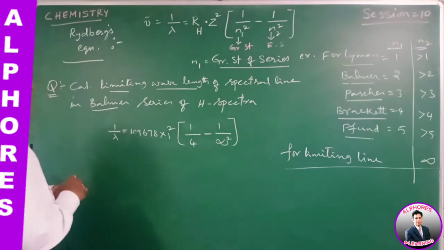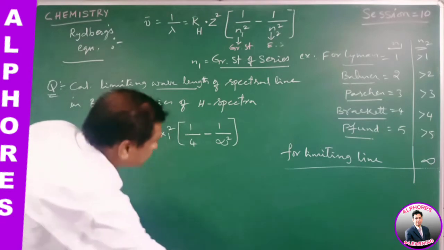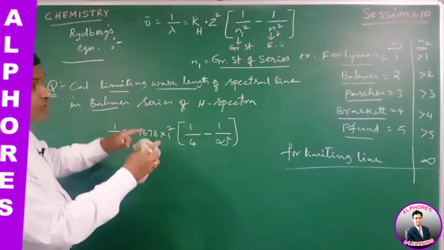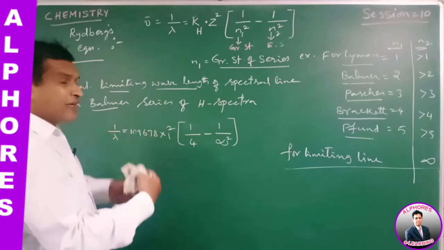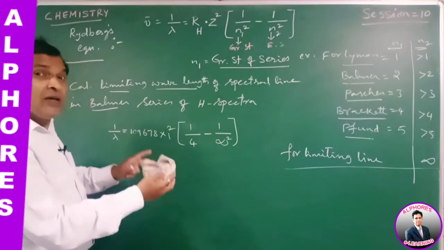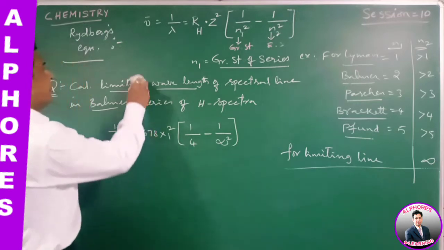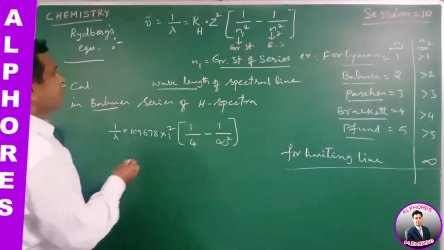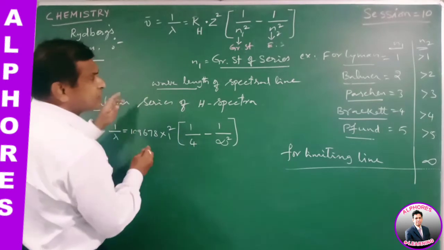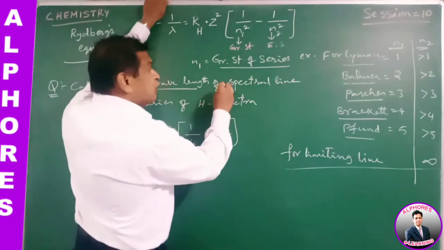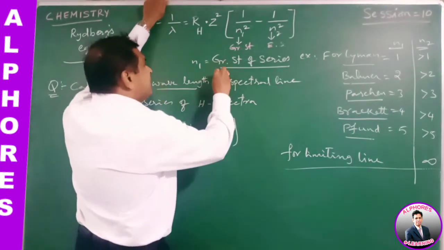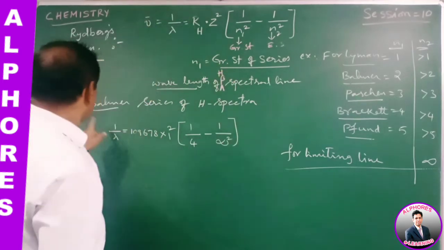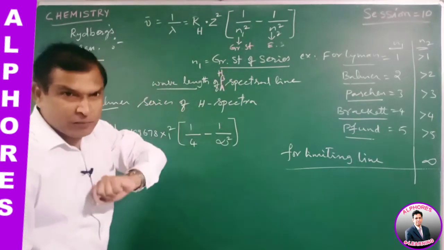One more, let us take one more now. So the calculation part you can do. I am explaining the concept, that is how the data is to be understood and how the data is to be substituted in the formula. Now calculate the wavelength of H beta spectral line in Balmer series of hydrogen spectrum.